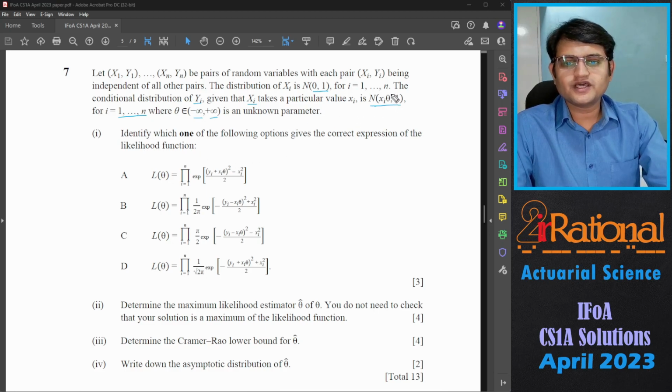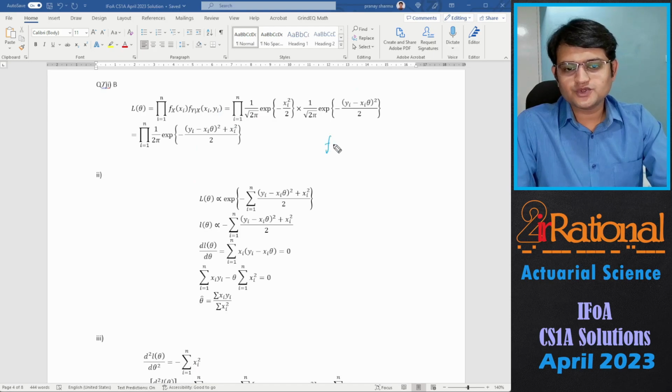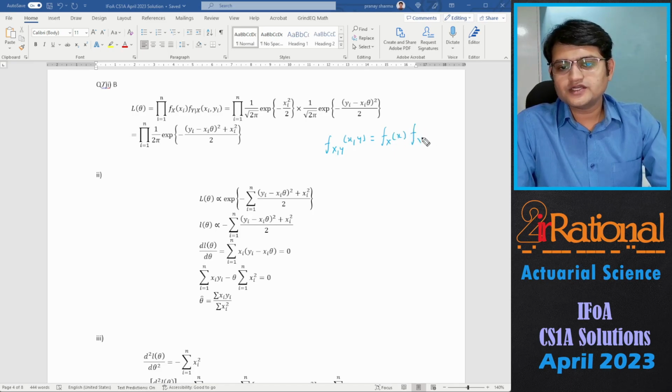So because theta is going to be dependent on the values of x as well as y, we would have to take the joint distribution. For joint distribution of x and y, again using conditional probability, we'll say it is f of x into f of conditional y.